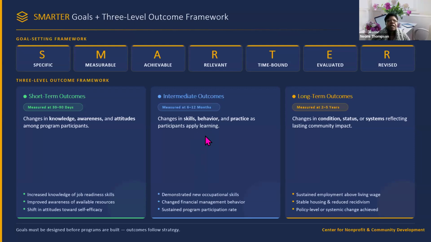Achievable. Intermediate outcome, 6 to 12 months. Days, months, years. Okay, 6 to 12 months. Changes in skills, behavior, and practice as participants apply learning.